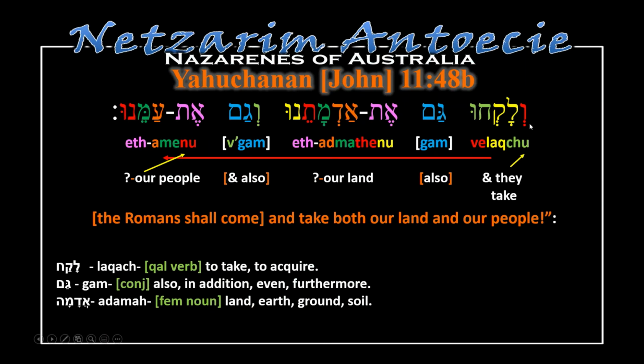And now in part B, and it's a Vav, Lamed, Kuf, Chet, Vav, Gimel, Mem sofit, Aleph, Tav, Aleph, Dalet, Mem, Tav, Nun, Vav, Vav, Gimel, Mem sofit, Aleph, Tav, Ayin, Mem, Nun and Vav. Now let's read it. V'lak'chu. V'lak'chu.